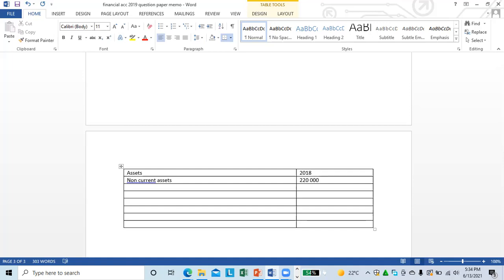And then we move on to current assets. Now, current assets involve a lot of things which also include the bank, the cash, and so on.